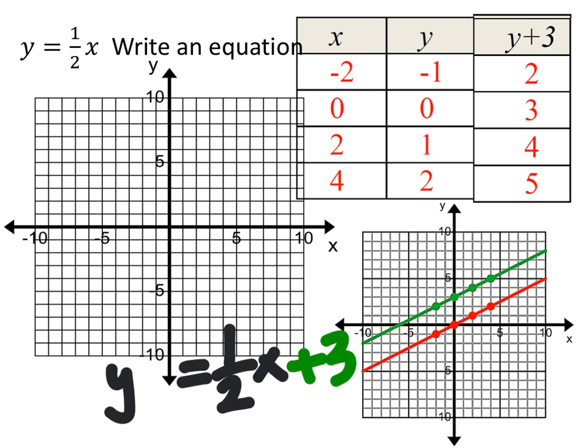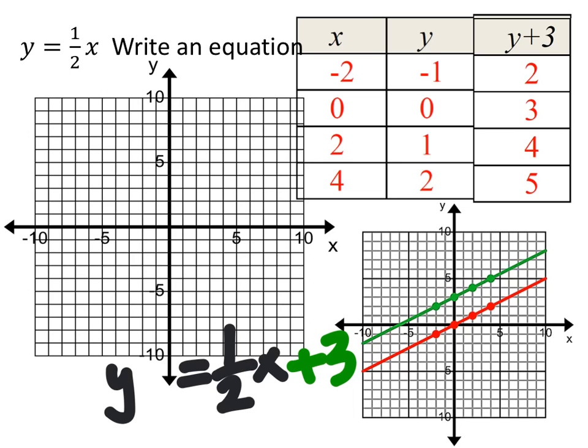Well, what does this mean? If we look here at the green line, which is represented by this equation, what does this 3 mean? The 3 is the value of y when x is 0, which is shown in this ordered pair. It's shown right here on the graph, where the green line passes through the y-axis.